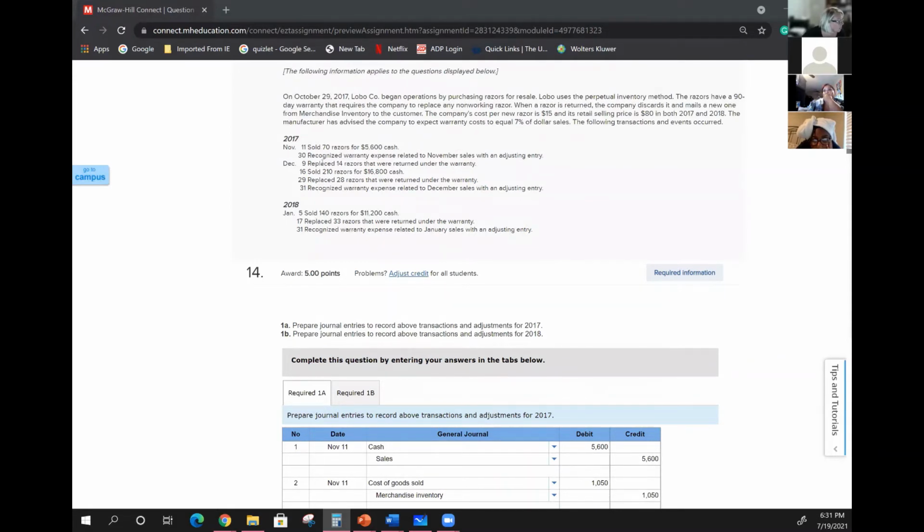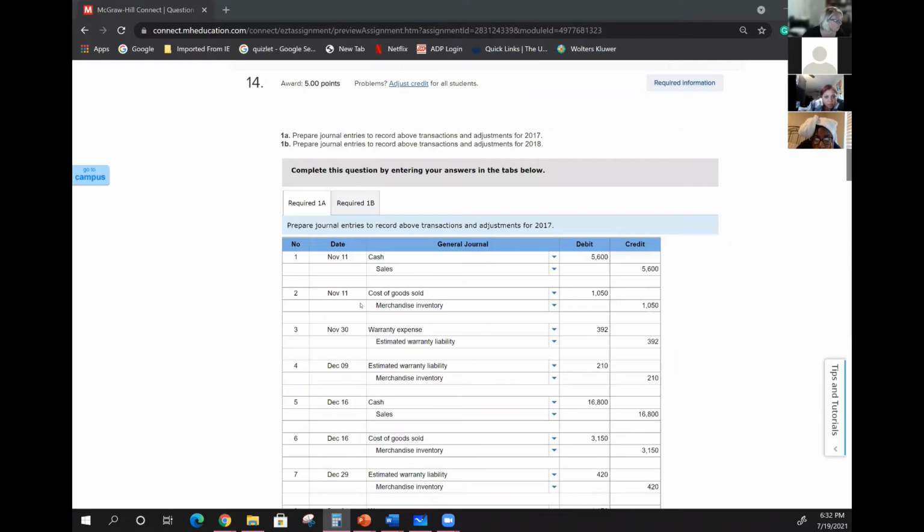So on December 9th, we replaced 14 razors that were returned under warranty. So remember, I'm sending 14 razors out from my inventory. So I have to calculate what my cost is on that. So it should be the 14 times 15. So 210.